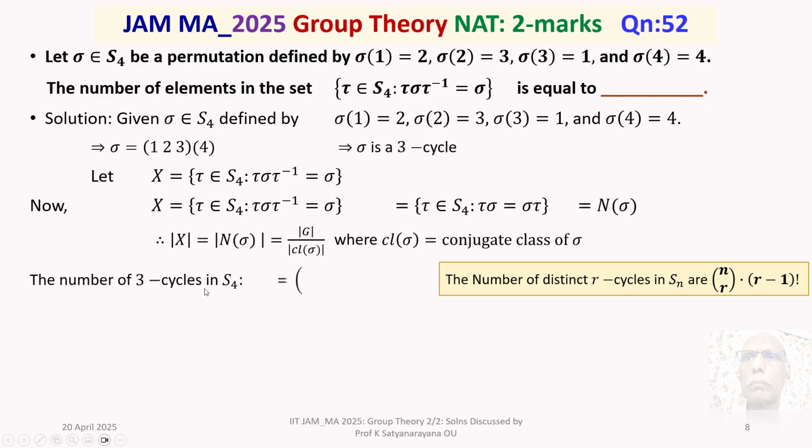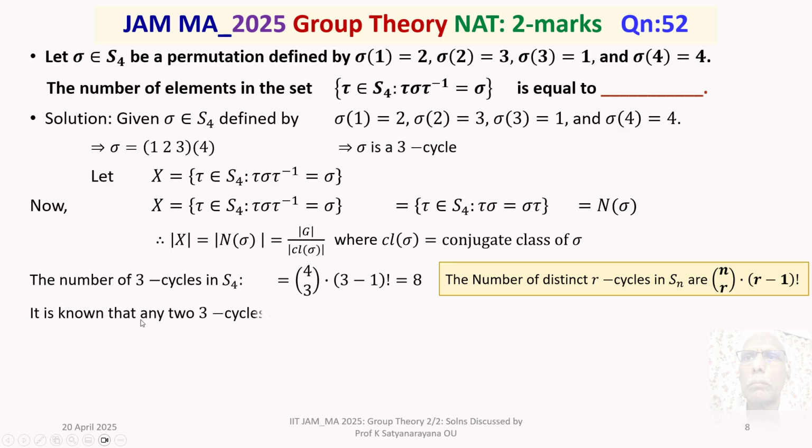For S4, n is 4, and for 3 cycles, r is 3. So 4C3 multiplied by (3 minus 1) factorial: 4C3 is 4, and (3 minus 1) factorial is 2 factorial, that is 2. Multiplication is 8. Now we are ready.